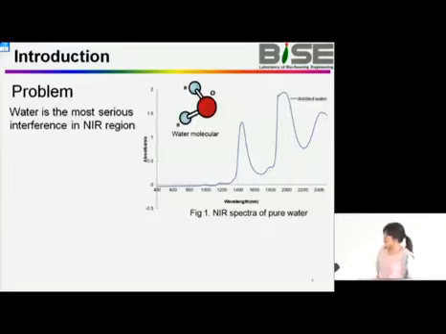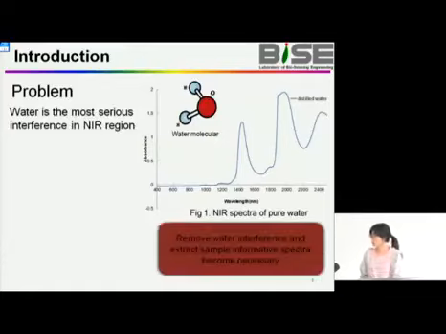And these 2 peaks are caused by OH bond motions in water. Usually, water absorption is much higher than the sample in this experiment, much higher than CGA. So, how to remove water interference and extract the sample's informative spectrum becomes important.